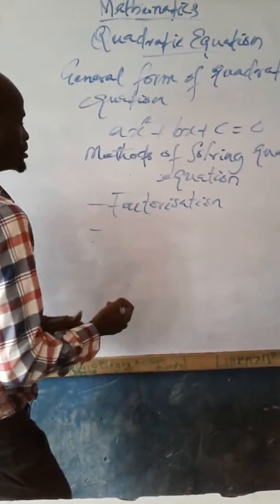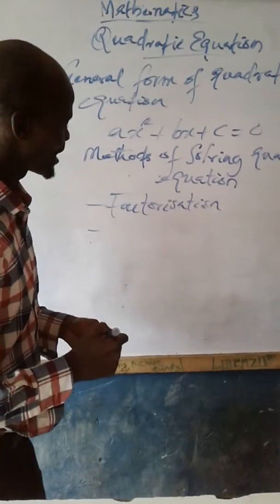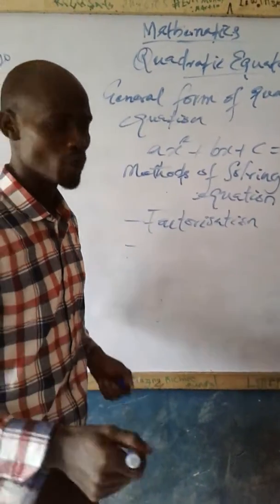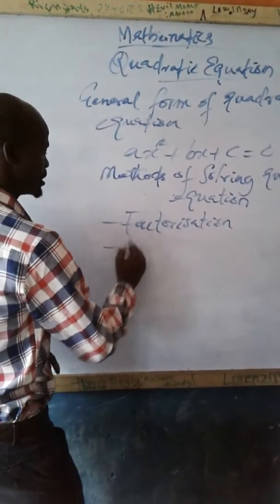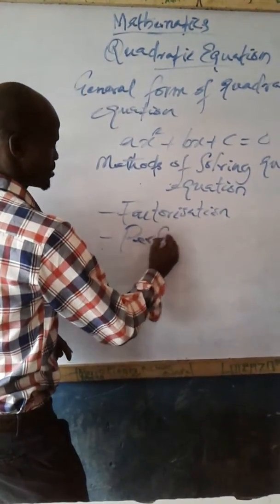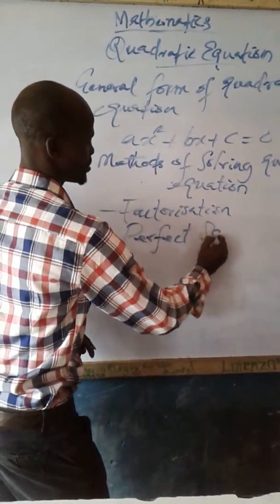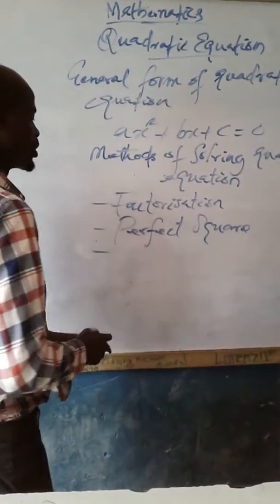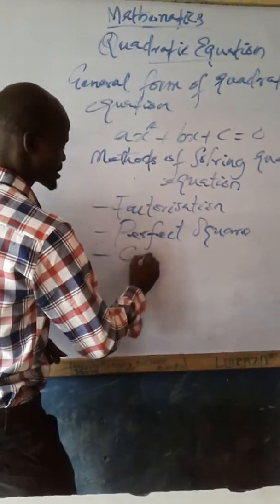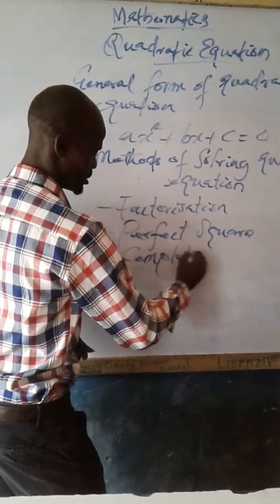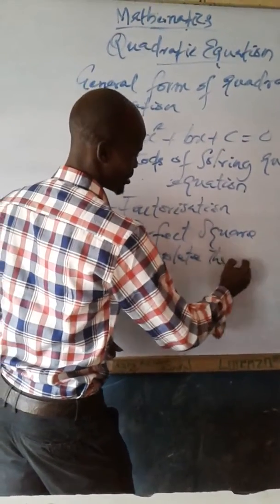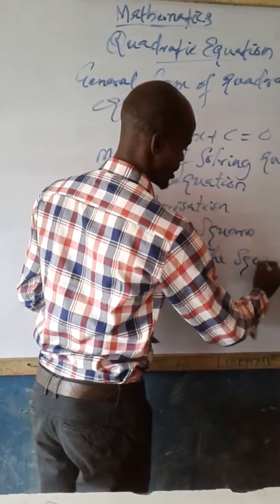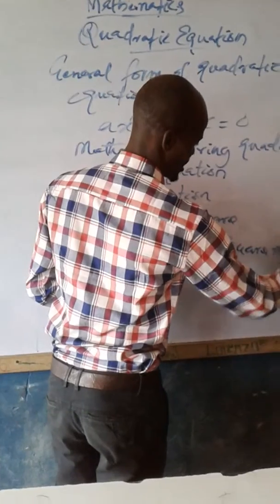The second one is not that common, but normally it's also part of solving quadratic equation. We call it the perfect square. The third one is the completing the square method.